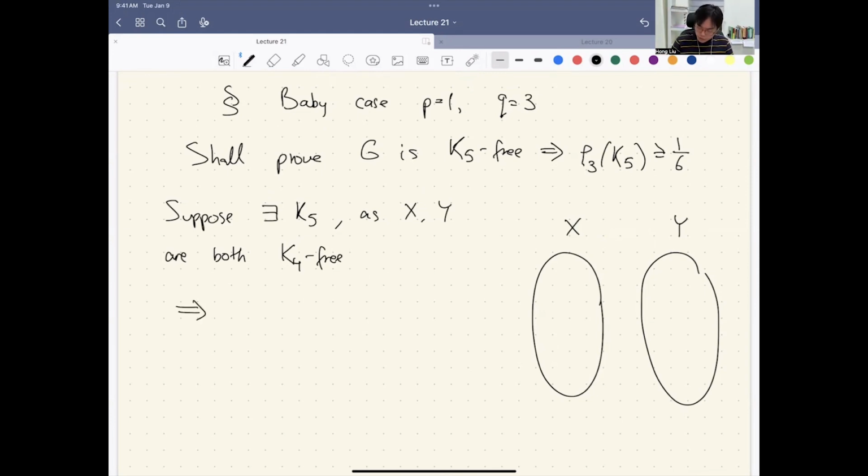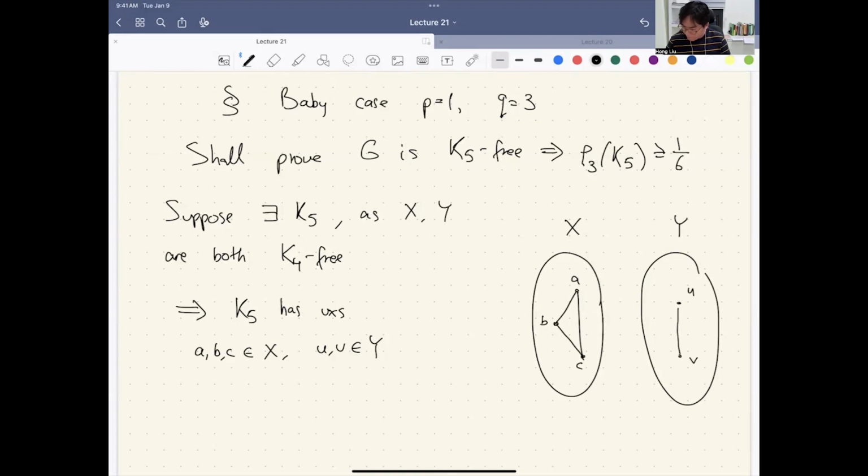So suppose this K5 has vertices, say A, B, C in X and U, V in Y. Okay, so it looks like this. We have the cross edges. This is the only possibility to have K5 up to symmetry of X and Y.